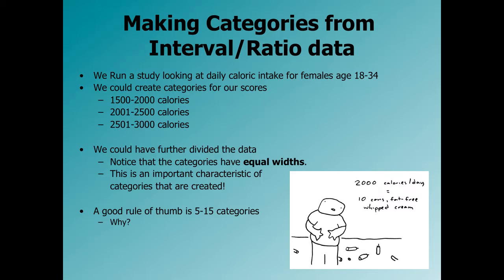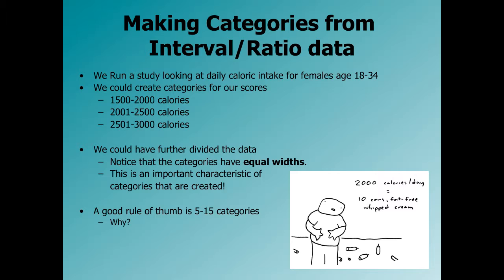So now you're thinking, okay, I need to create some kind of logical categories that I can classify my participants into, right? So now you have all your data in front of you. You found your lowest score, you found your highest score, and then you have the responses of caloric intake of 50, 60, maybe 100 participants, and you need to fit them in those categories.